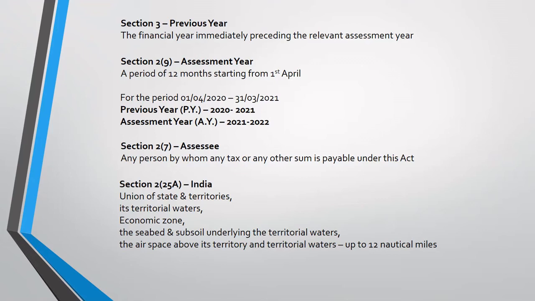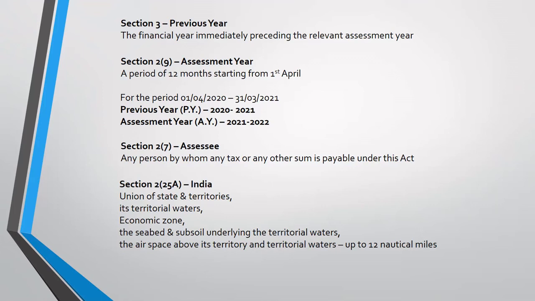Such income will be taxed in the immediately succeeding financial year, which is known as the assessment year. Assessment year is defined as a period of 12 months starting from 1st April. So for income earned in the previous year 2020 to 2021, the income will be taxed in the assessment year 2021 to 2022.